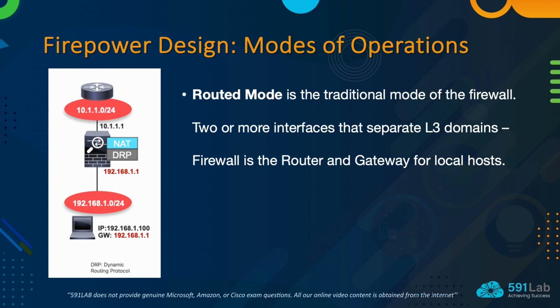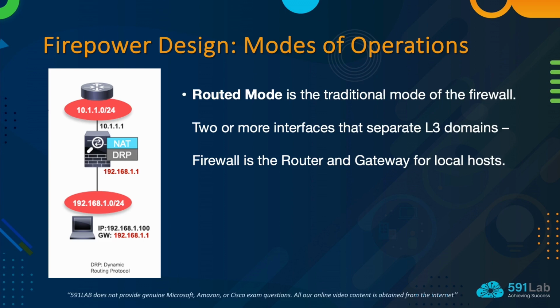Now, let's look at the benefits of routed mode. The first benefit is consolidated functionality. Routed mode allows you to consolidate the functionality of a firewall and a router into a single device. This can simplify your network design and reduce your hardware cost.